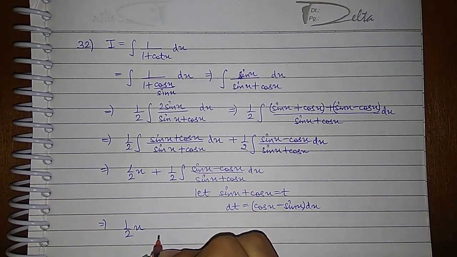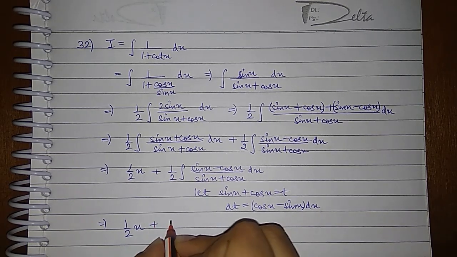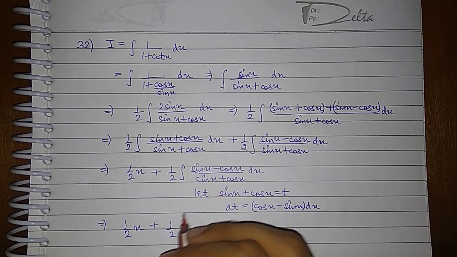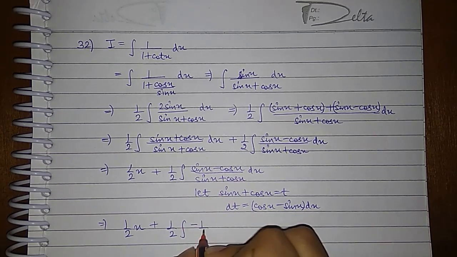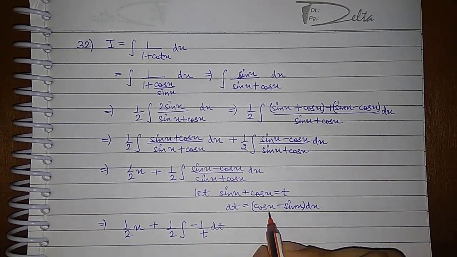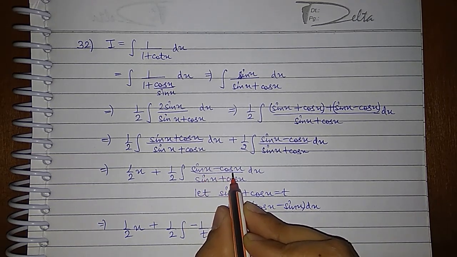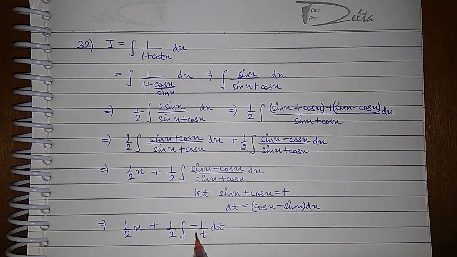So we can write half of, now from here it will become minus 1 upon t dt. Here it is cos x minus sin x, and here it is sin x minus cos x, so minus sign will come here.